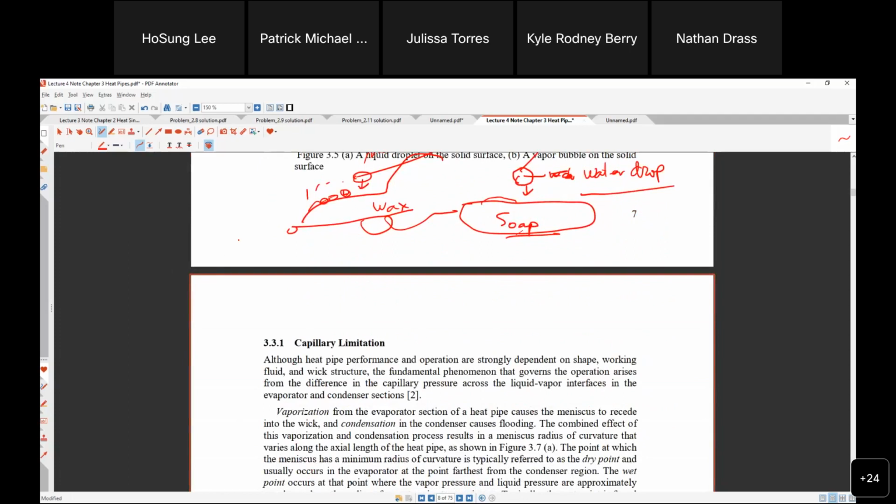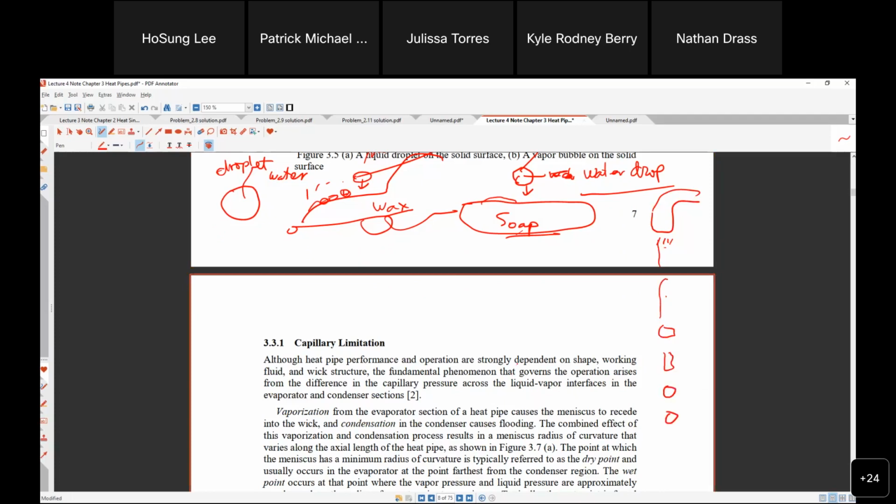So there is surface tension, like a droplet of water or whatever liquid. We know that faucet water naturally becomes a droplet.